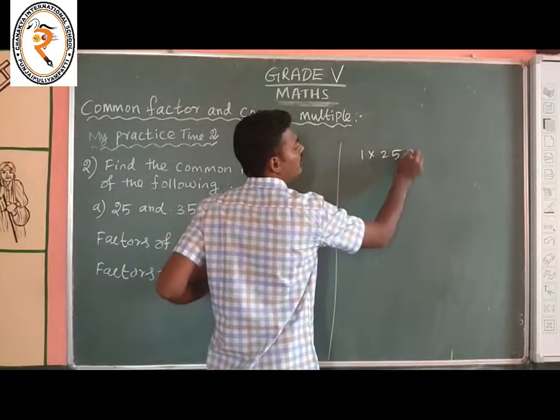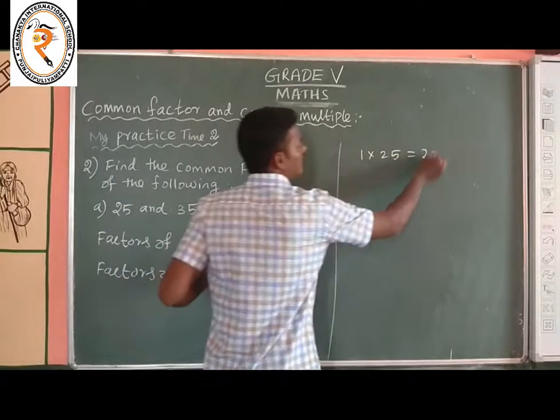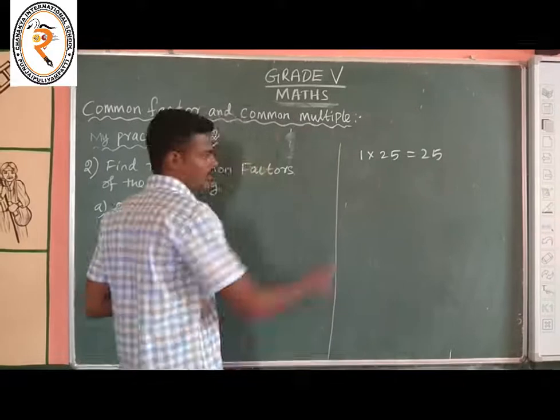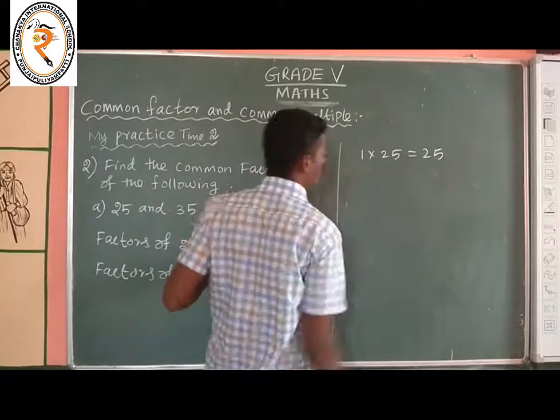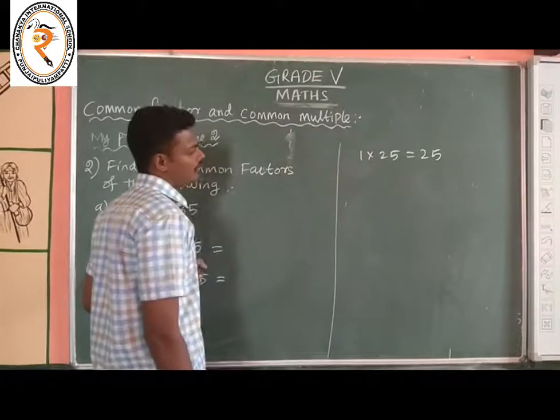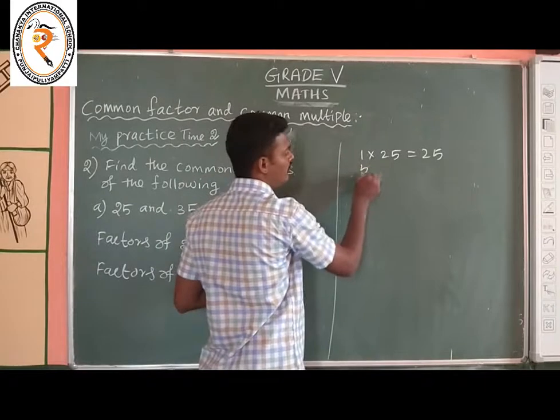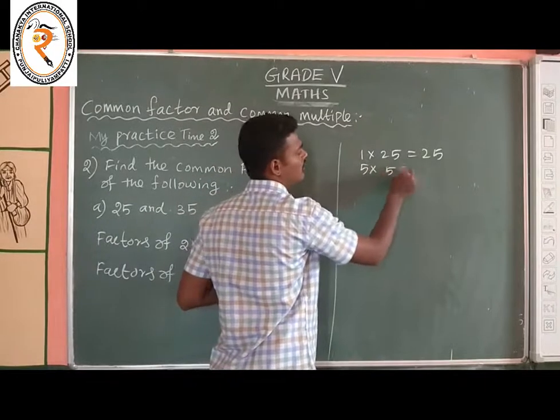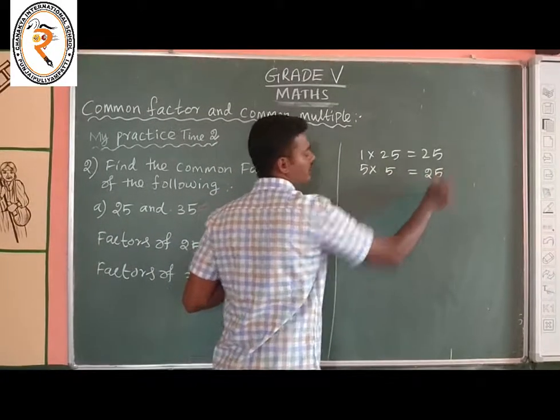1 25 is 25, in the 25th table. Next, 5 5s are 25, in the 5th table.